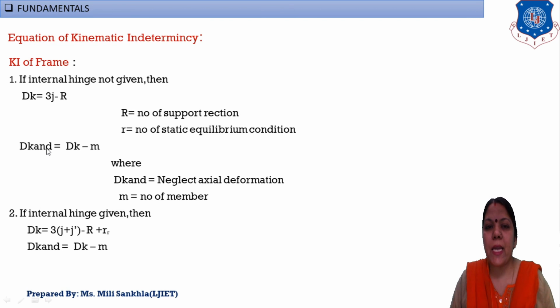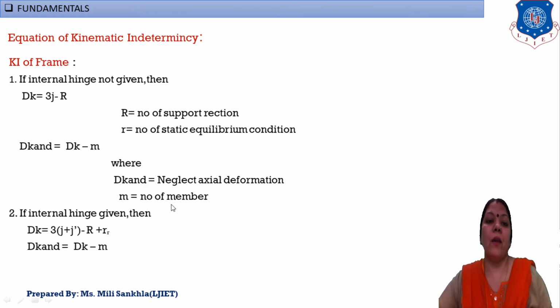Now dk NAD is equal to dk minus m, where dk NAD is neglect axial deformation. Here m is equal to number of members. In beam, if you remember, m is equal to number of axial deformations, and for frame, m is equal to number of members.